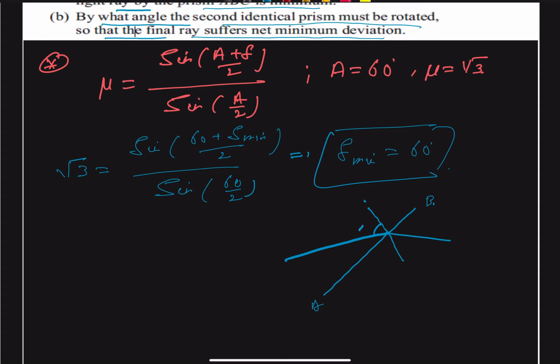This is our I and this is our R. For minimum deviation, we also know that after the refraction, this light ray is parallel to the base of the prism.